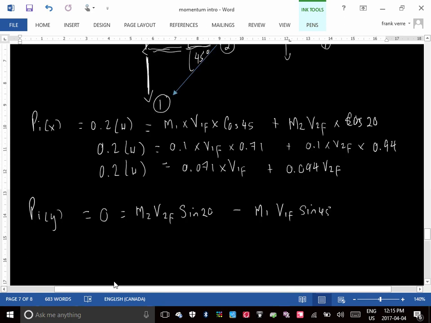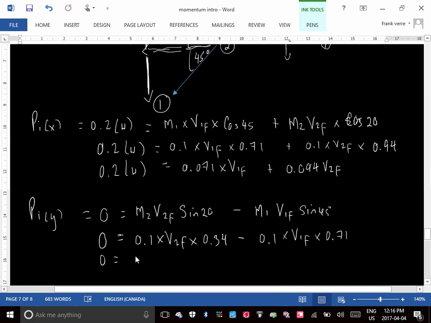Now let me save us a lot of headache there, otherwise we'd be fighting in the end here. Okay, let's put in our numbers. So it's 0.1 v2f. What's the sine of 20? 0.34, minus 0.1 times v1f times 0.71.